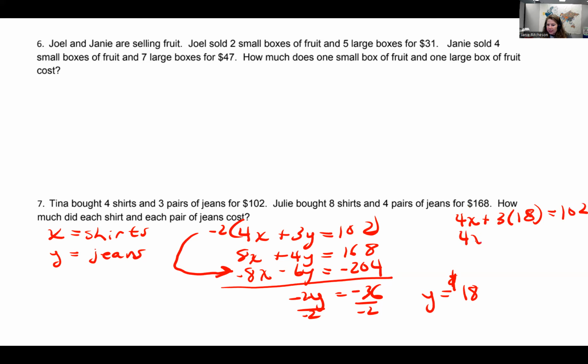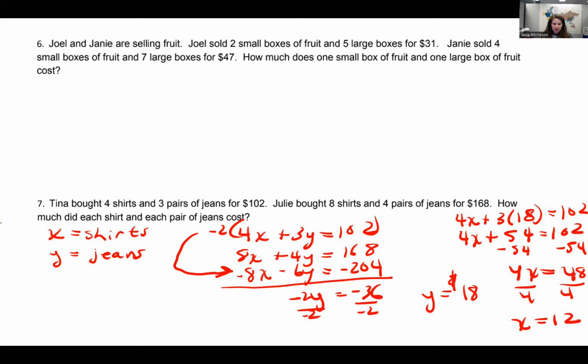All right, so we have 4x plus 18 times 3 is 54. So we subtract 54 from both sides. So we have 4x equals 102 minus 54 is 48. So that means that each shirt is $12. Shirts are 12 and jeans are 18.